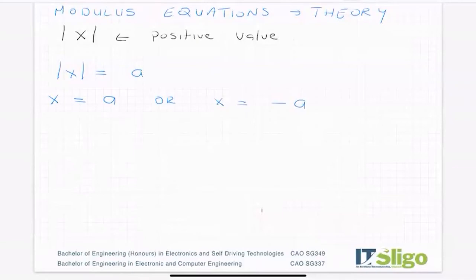Okay, because remember, when we take the modulus of a number and we get the answer, a bit like how I said the modulus of 10 was 10, or the modulus of minus 10 is also 10. So when we take the modulus of a number and we get an answer, the original number may have been positive or negative. Okay.